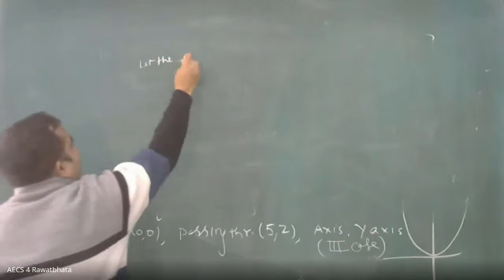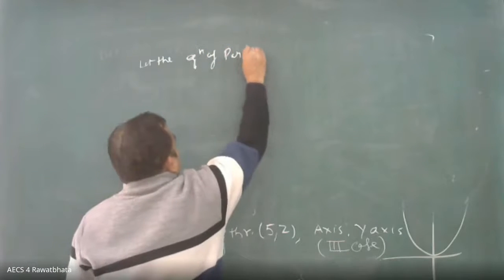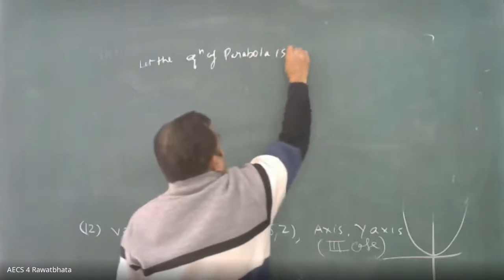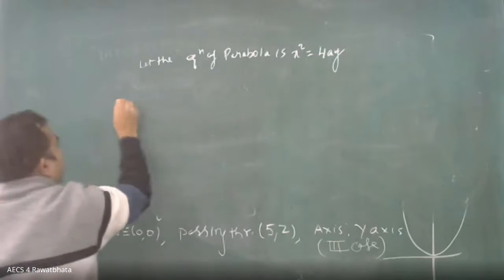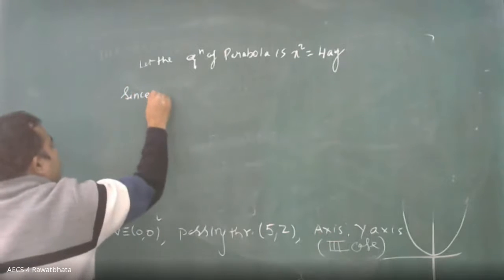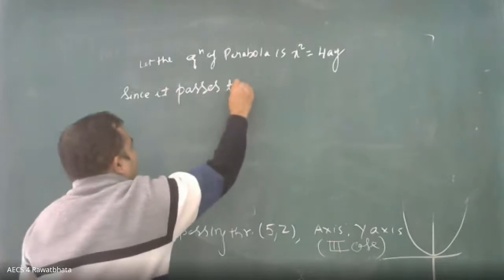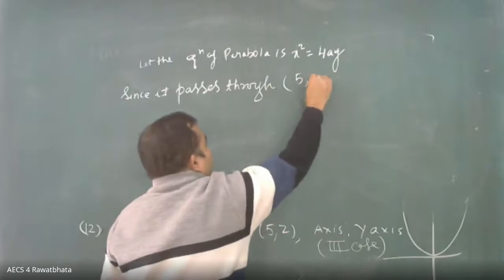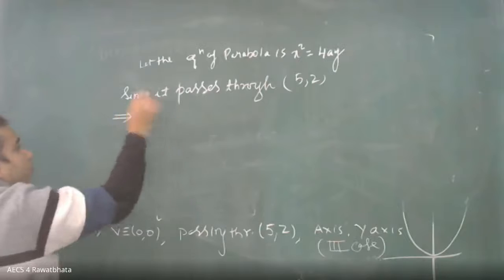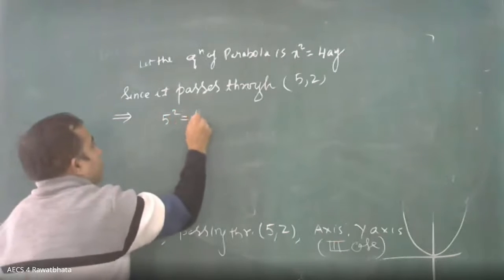x square is equal to 4ay. Absolutely. Let the equation of the parabola be x square equal to 4ay. Same work: since it passes through 5, 2, the point 5, 2 will be a solution of this equation, meaning putting 5 in place of x and 2 in place of y.